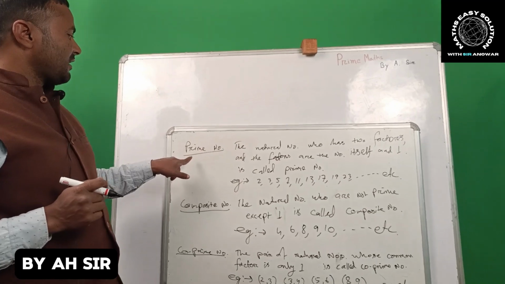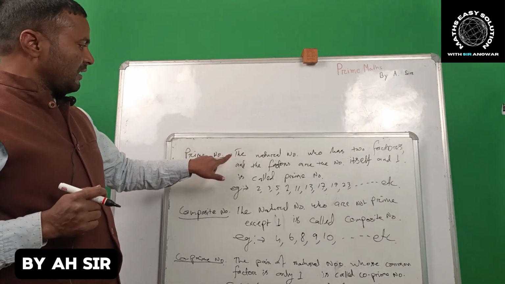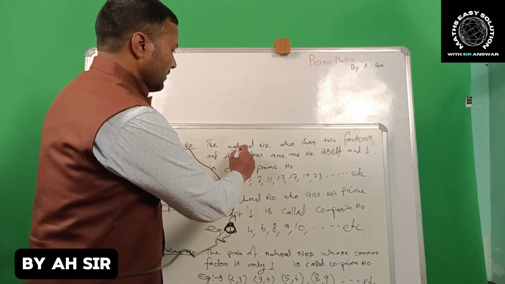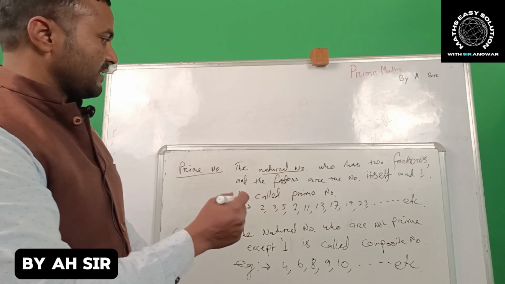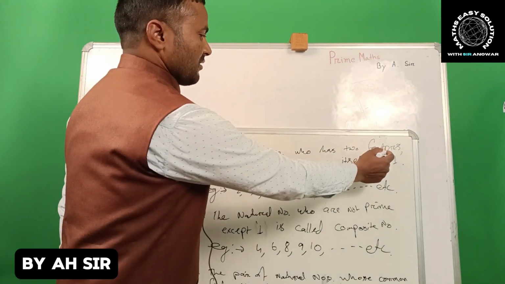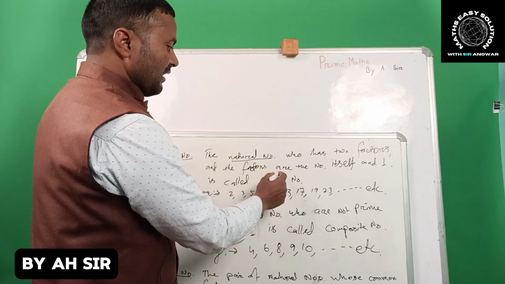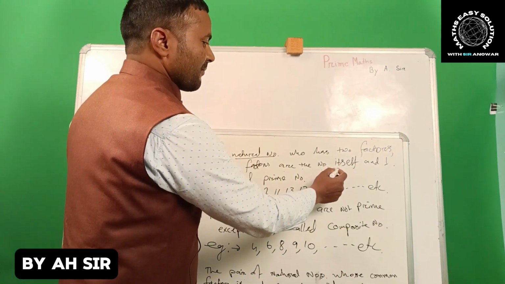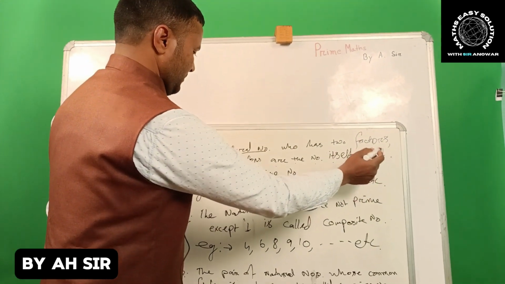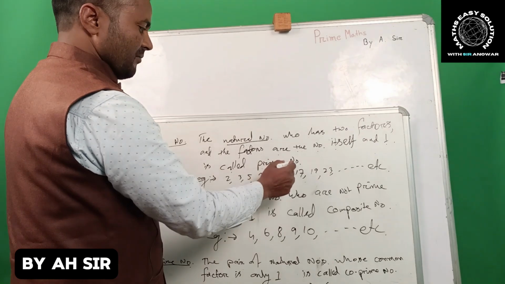Okay, see after this, prime number. The natural number which has two factors, and the factors are the number itself and 1, is called a prime number.